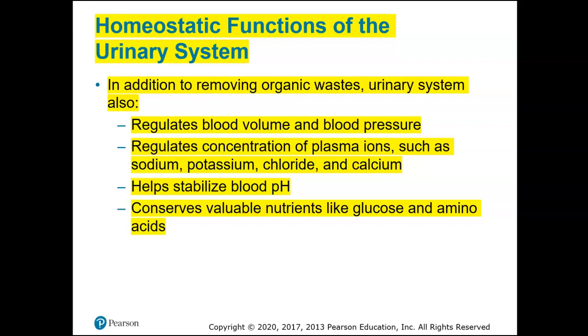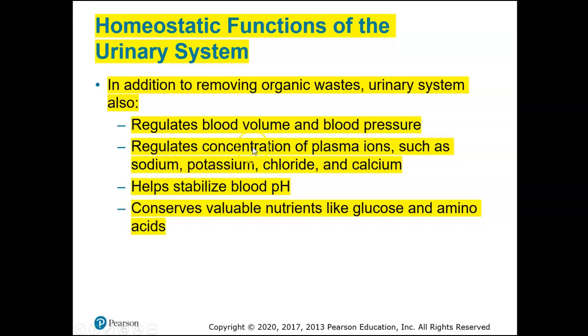As far as homeostatic functions of the urinary system, in addition to removing organic waste, the urinary system regulates blood volume and blood pressure. So the urinary system is very closely related to the cardiovascular.